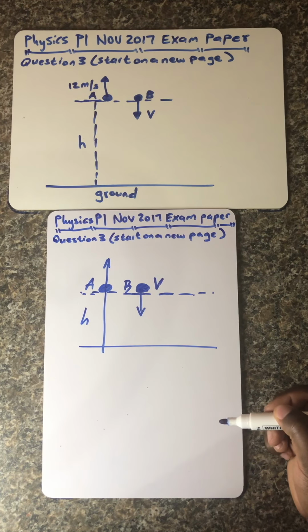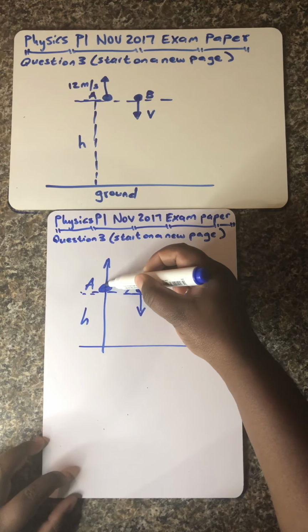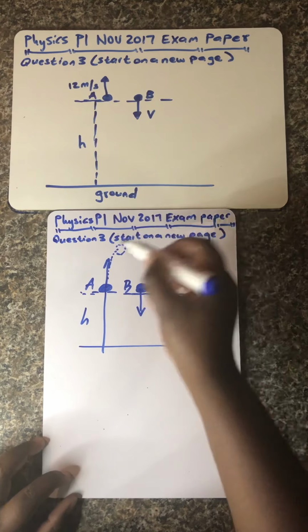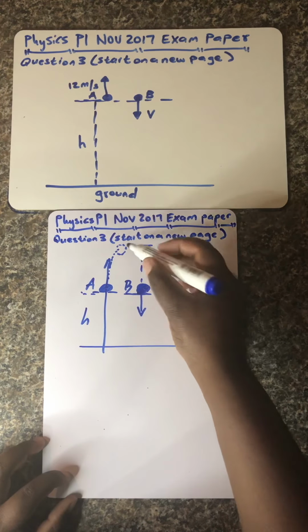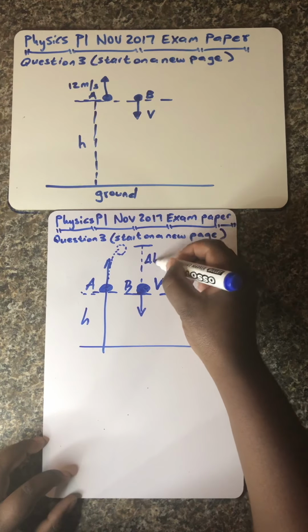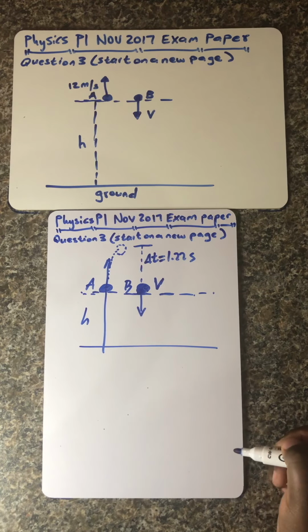So they say when stone A reaches its maximum height, the speed of stone B is 3v. Remember guys, from the previous question I've just indicated that this object is thrown vertically upwards, is going to reach a certain height, and it takes a certain time for it to reach that maximum height, and we've just calculated the time to be 1.22 seconds from the previous question.